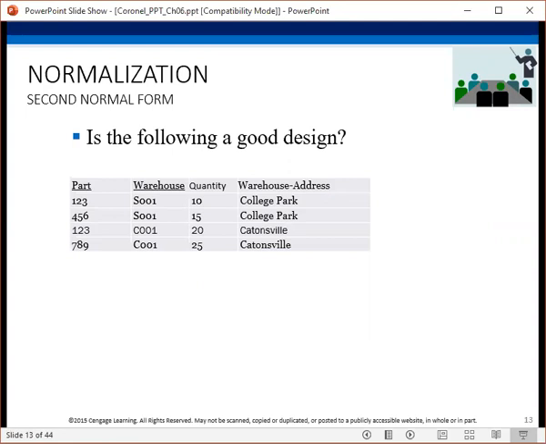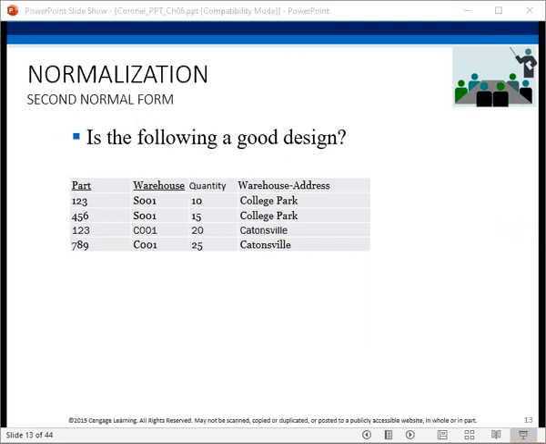Now, warehouse address is dependent on only part of the key, and that part is warehouse number. It doesn't depend at all on the part number. So this violates second normal form. Each non-key attribute, like warehouse address, must be completely determined by the whole key, part number and warehouse number together.